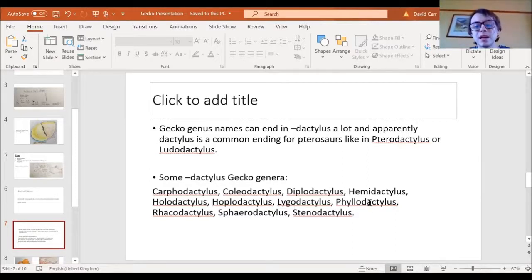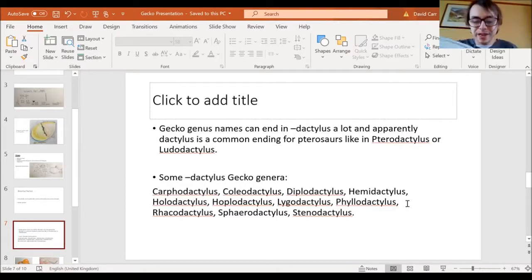We have Phyllodactylus, I think that's the leaf-toed geckos. Joe, I'm just curious, does every single leaf-toed gecko belong to that genus? Which I can't actually check, because you do get leaf-toed geckos. Hopefully I said leaf-toed geckos, not leaf-tailed geckos.